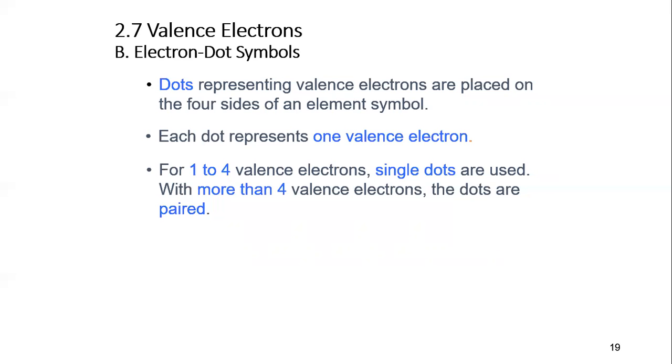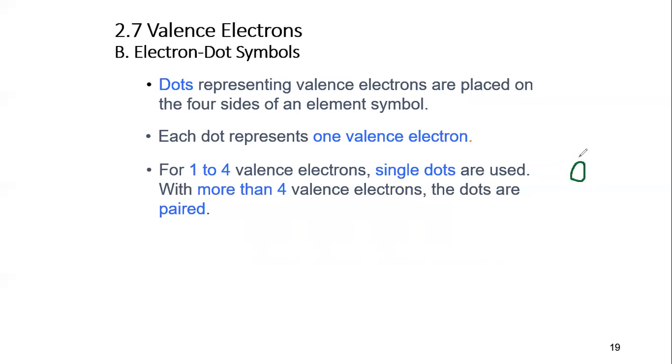If you have more than 4 valence electrons, you have to pair them up. For example, oxygen has 6 valence electrons. So you have more than 4, you're going to have to pair them in pairs. So for example, we write the Lewis dot structure of oxygen.